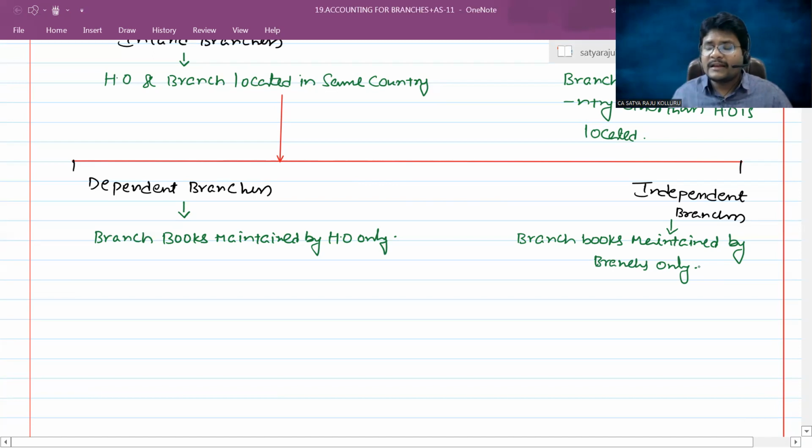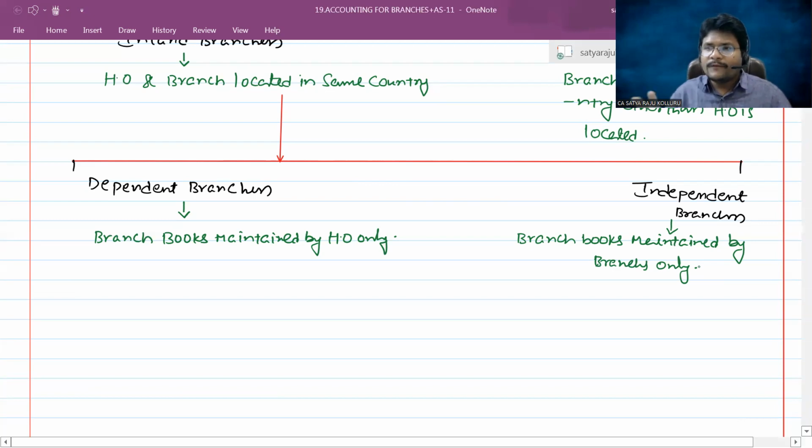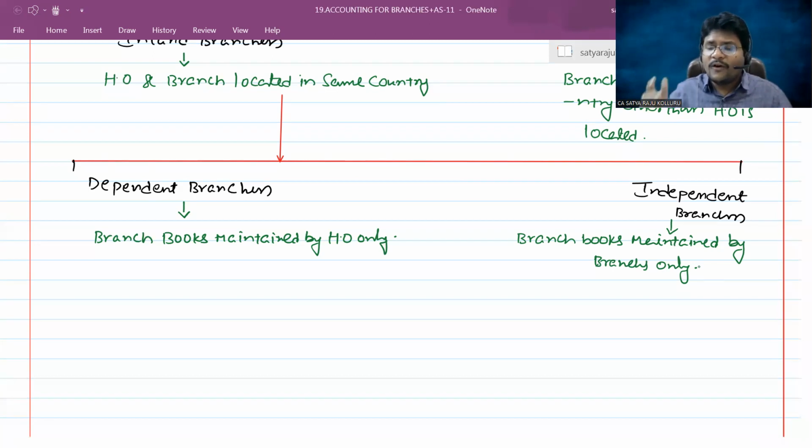But when a head office wants to establish an independent branch, the place where the independent branch is located is usually very far away from the head office, customer loyalty there is high, and the independent branch has authority like the head office and can execute top to bottom as the head office does. Then the head office is willing to establish an independent branch in that location.